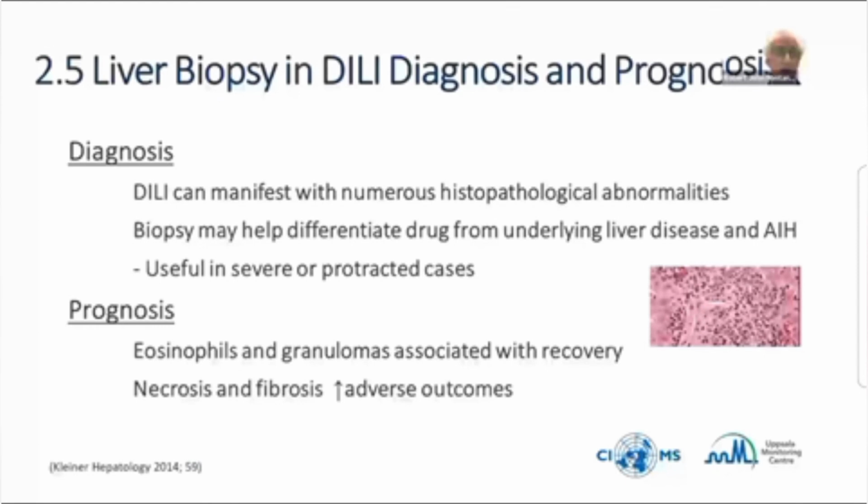However, it can oftentimes be helpful to differentiate, for example, drug effect from underlying liver disease in your patient population and/or sporadic autoimmune hepatitis. And it generally is used in patients who have more severe DILI, such as those who are jaundiced or have protracted and ongoing liver injury despite stopping the drug.